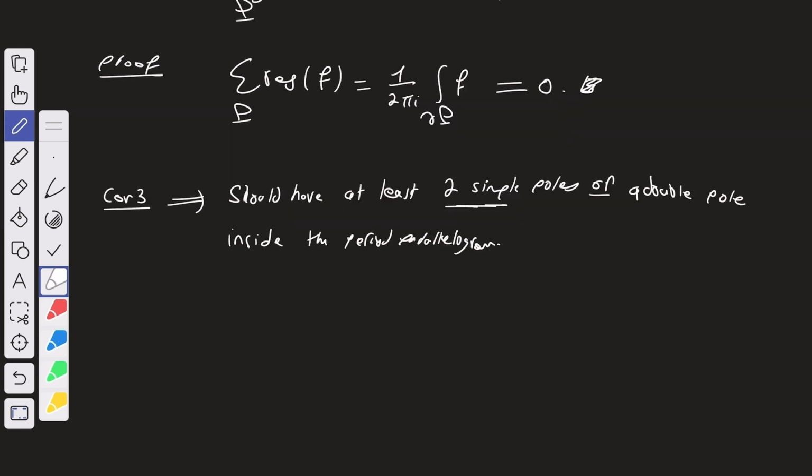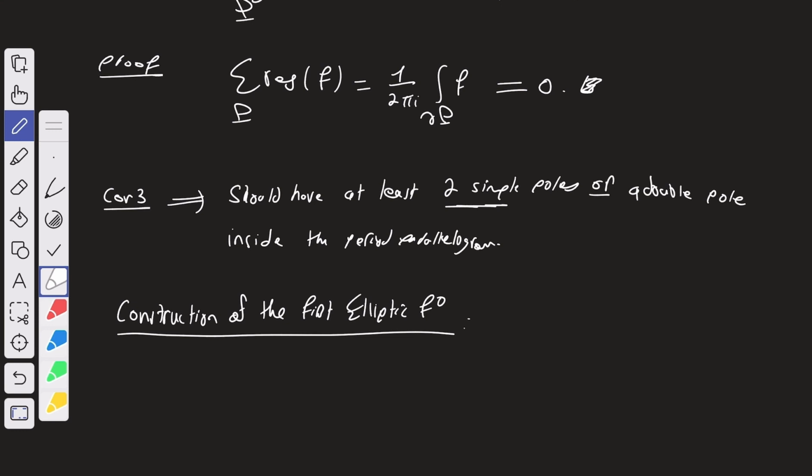Okay, and now we turn to the construction of the first elliptic function. This idea is due to Weierstrass.